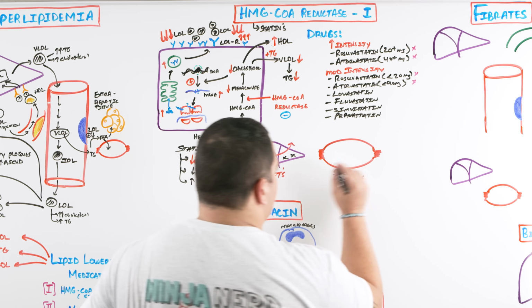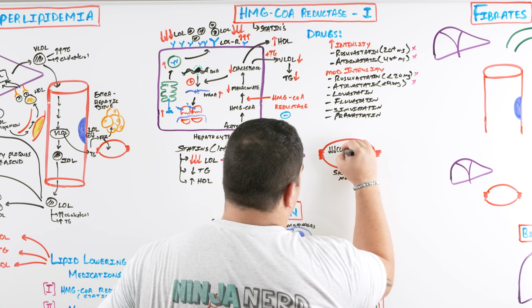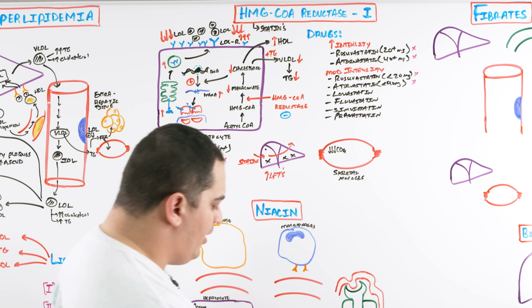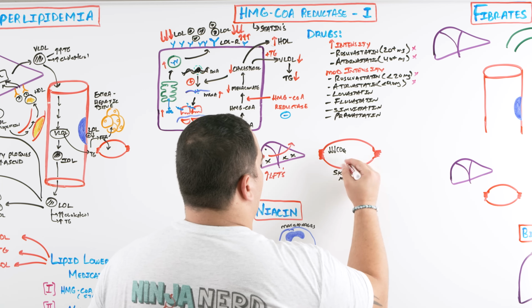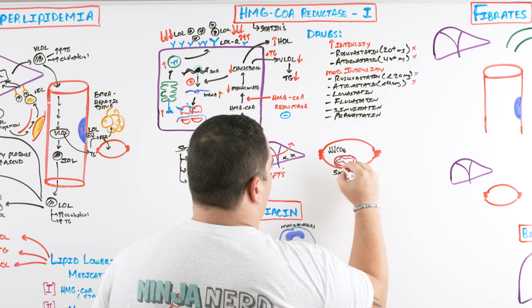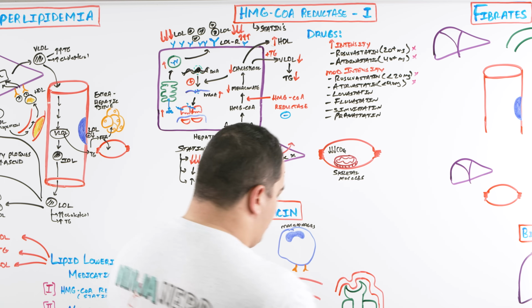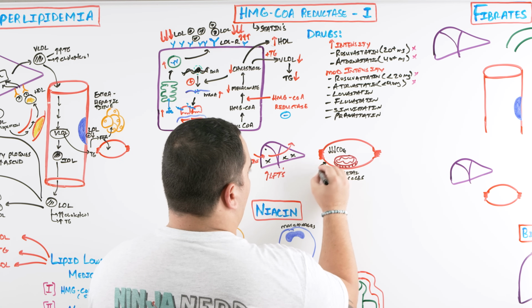But what we see with some of the statins is that they really deplete this molecule called coenzyme Q. Now you probably know that coenzyme Q is an important component of the electron transport chain. So in the skeletal muscle, you're supposed to take and utilize oxygen, right?